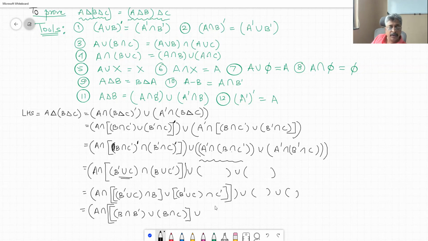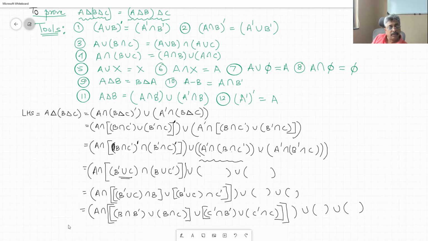The union, second bracket, C dash intersection B dash, union C dash intersection C. Rectangular bracket complete, bigger rectangular bracket complete, and normal bracket complete. Union bracket, union bracket. Okay, I think we are done now.